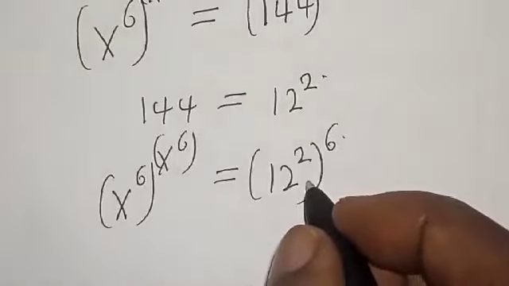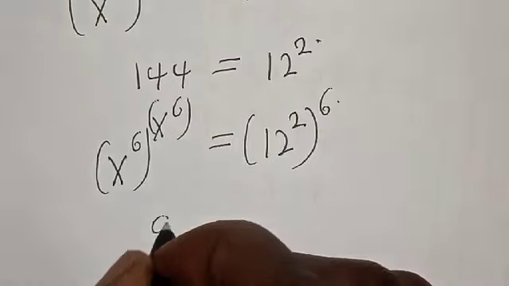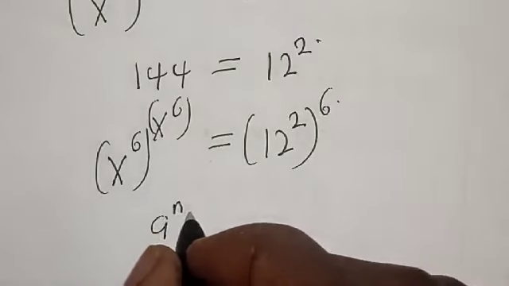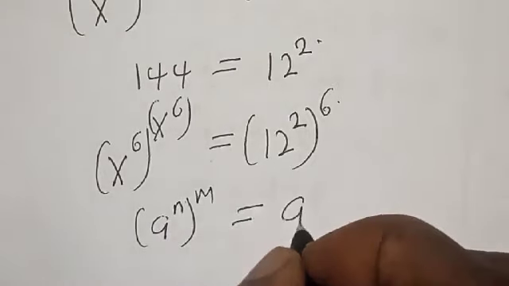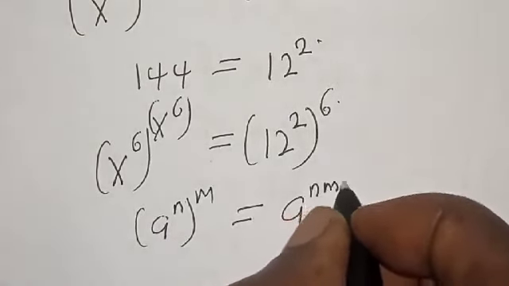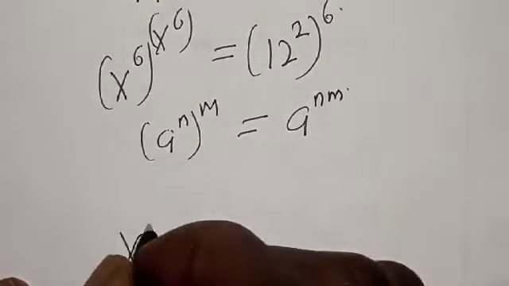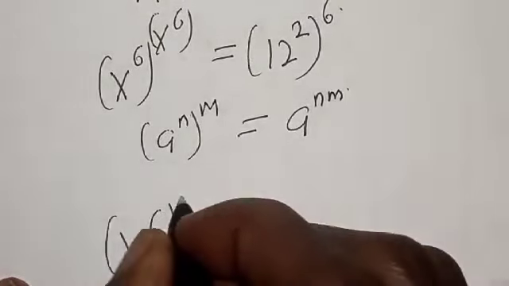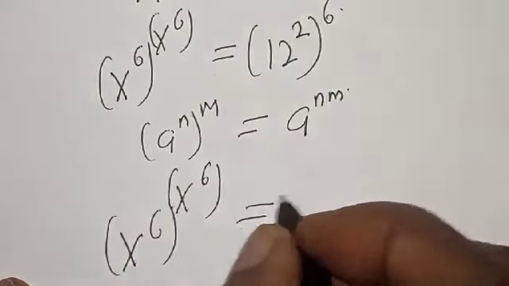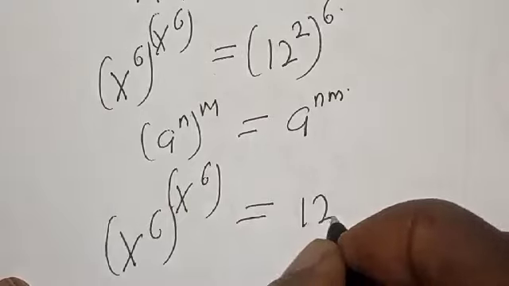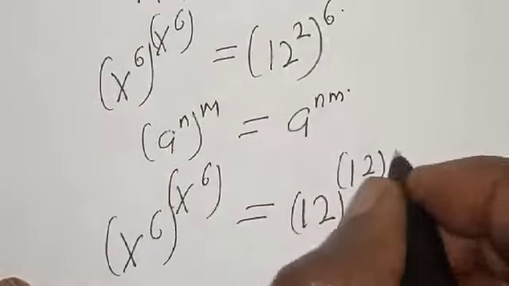Also, for this right hand side, remember that a raised to power n raised to power m is the same thing as a raised to power of nm. Now x raised to power 6 raised to power of x raised to power 6 is equal to 12 raised to power 12.